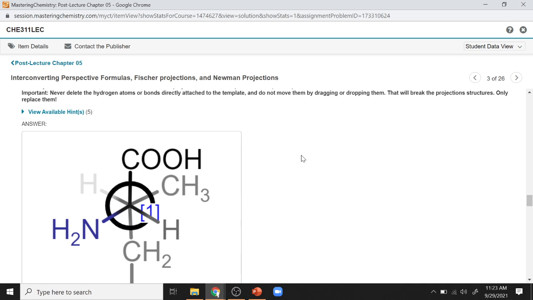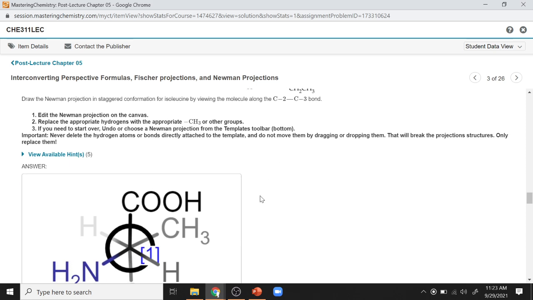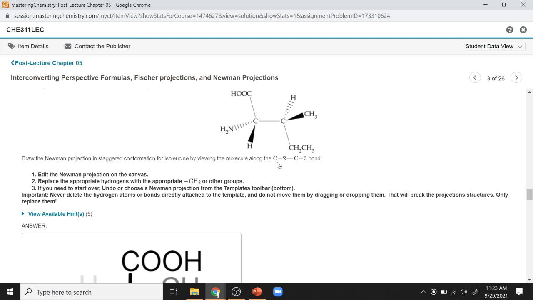On the computer, how do you make it COOH? You just go carbon and then attach oxygens. You don't actually have to represent the geometry, because the geometry of that doesn't matter. Did you guys need me to finish this, or do you got it? Okay, this is how you do it?